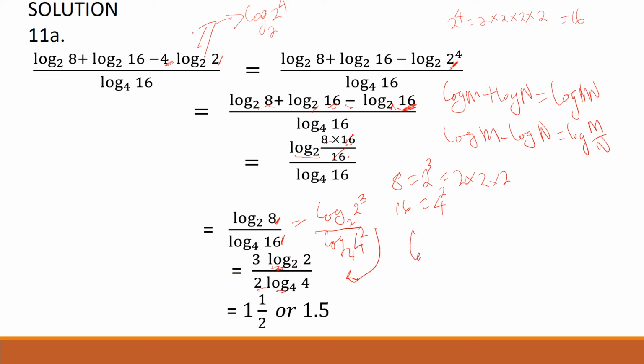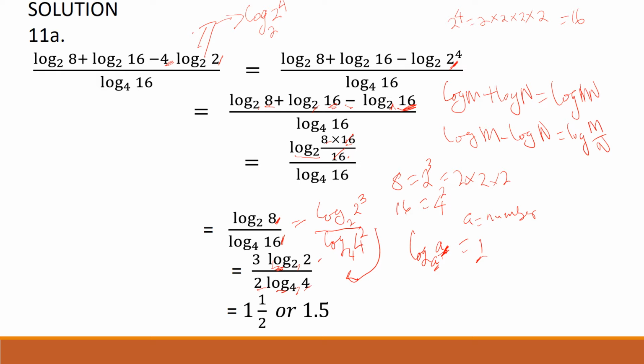Then log of a number that is the same with its base is equal to 1. So a can be any number. A is a number. So they have the log and its base are the same. So that's what we are having here: 2, 2, 4, 4. Both of them are equal to 1.